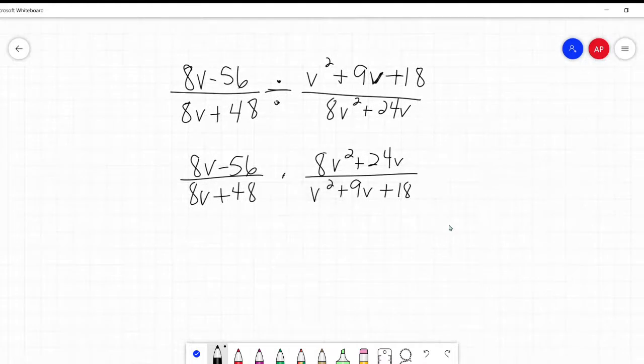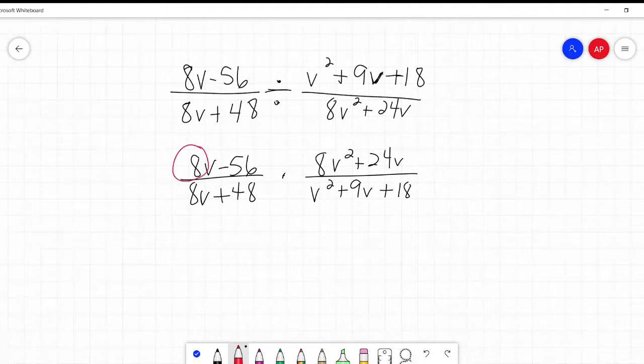Right. So now we start factoring. Over on the left, the 8v minus 56 over 8v plus 48. There's not any sort of major factoring like a v squared, where you have to separate into two things in parentheses. So let's look for a greatest common factor.